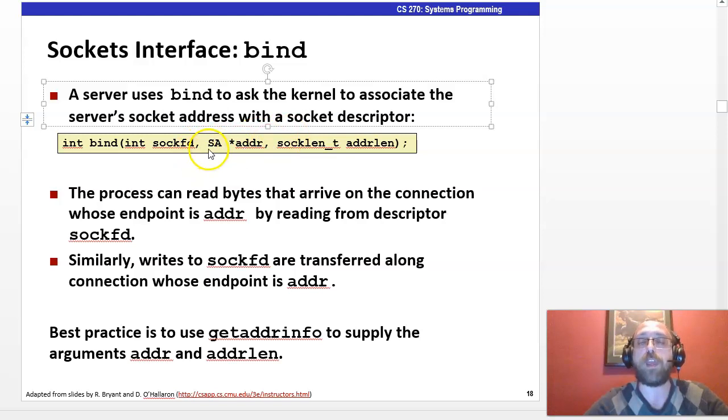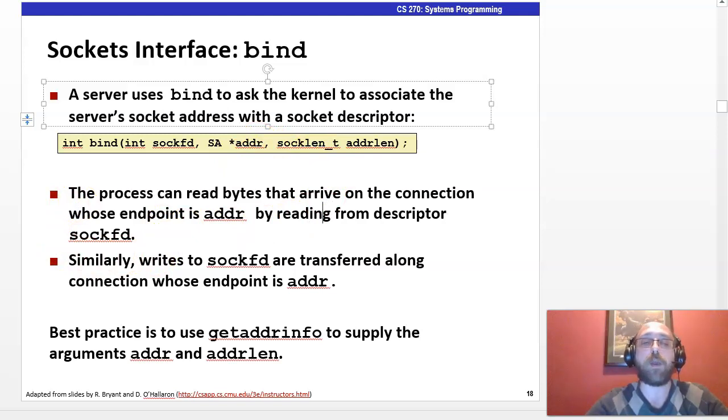So we don't usually have to worry about that on a client. Likewise, for the port number, clients usually get ephemeral port numbers that are picked by the kernel, rather than well-known port numbers like 80 for HTTP or 443 for HTTPS. So we usually don't need to specify that either.